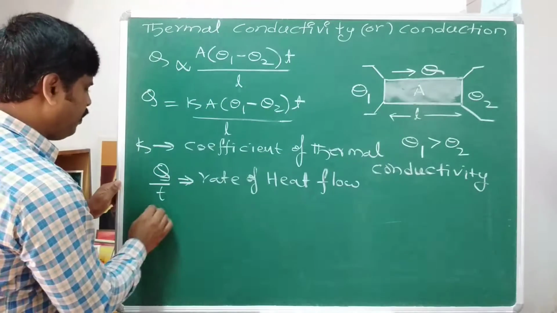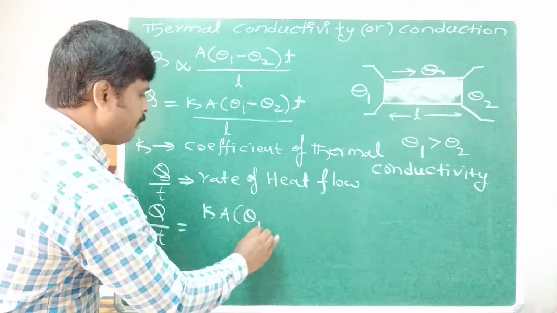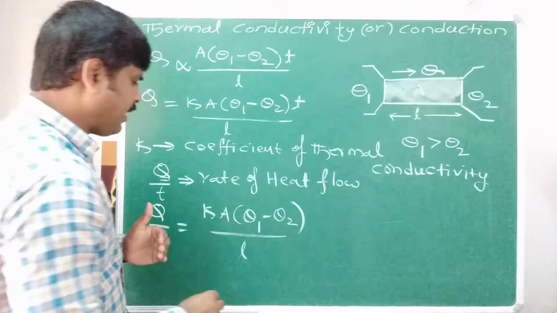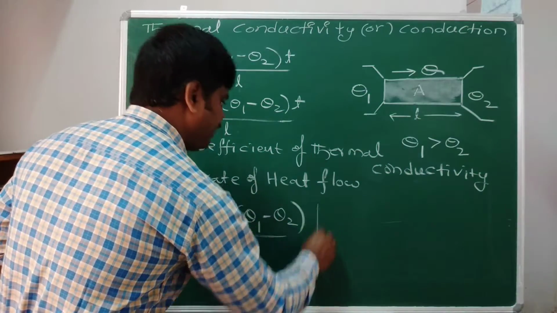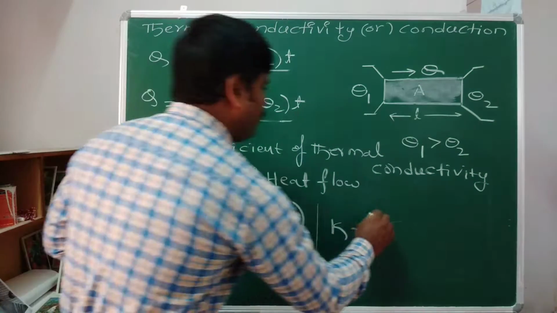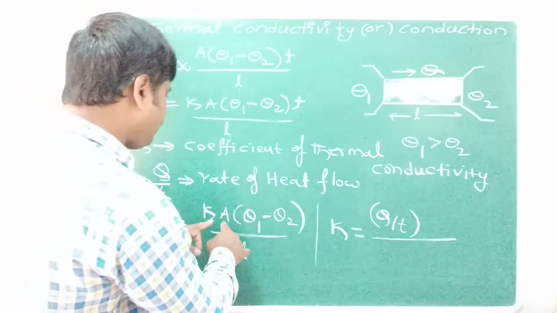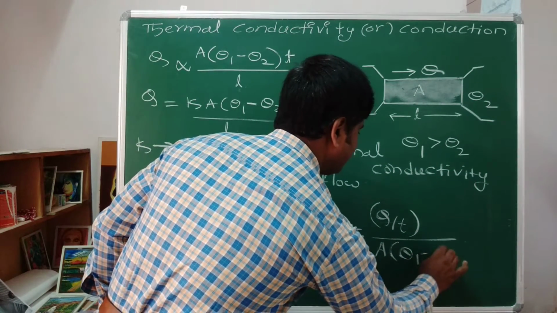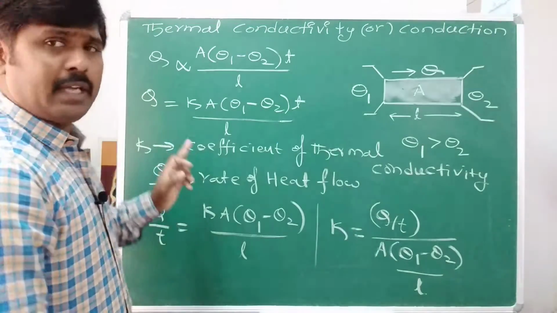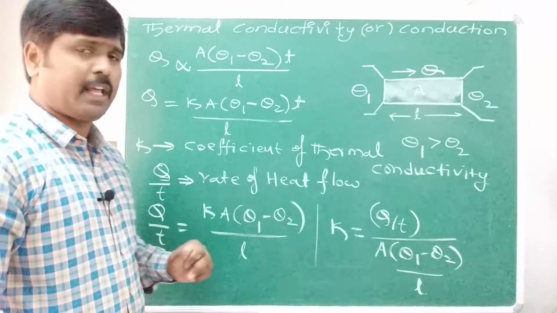So Q divided by T equals K A (θ1 minus θ2) divided by L. Also we can write K equals (Q divided by T) whole divided by A (θ1 minus θ2) divided by L. Here Q is the heat flow, Q by T is the rate of heat flow, and K is the coefficient of thermal conductivity.